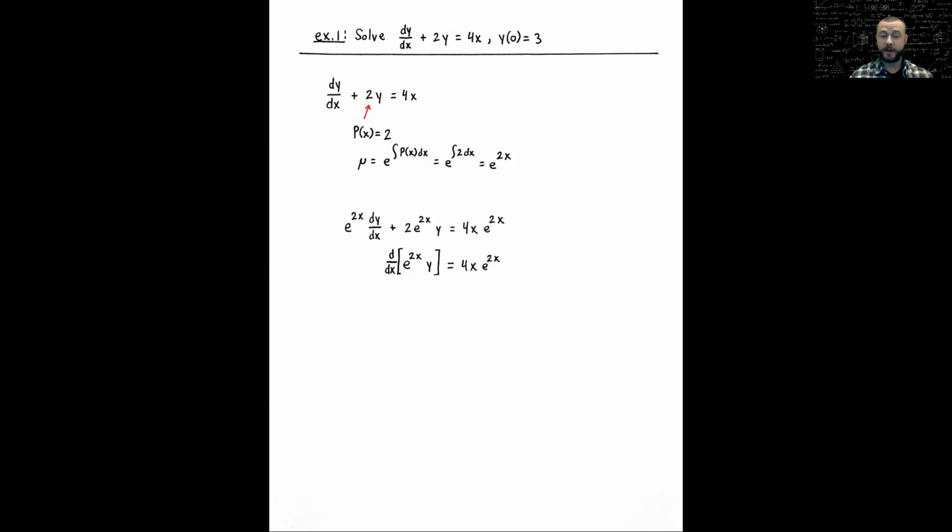And recall, our mu here is e to the 2x. So what we get, and it's worthwhile checking by going backwards with the product rule, that will give you exactly the left-hand side right above it. All we need to do now is integrate both sides.